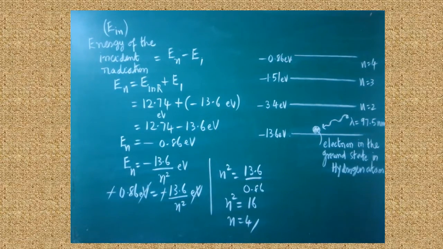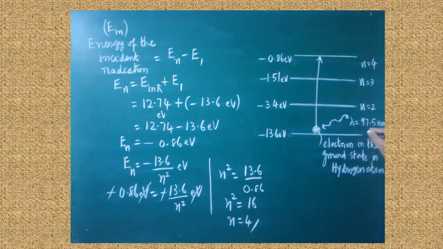That is the fourth orbit, the fourth energy state. This is 1, this is 2, this is 3, this is 4. So if you supply the incident radiation with the wavelength of 97.5 nanometer with the energy of 12.74 electron volt, the electron will be excited to the fourth level. That is the meaning of the sentence. Are you clear?